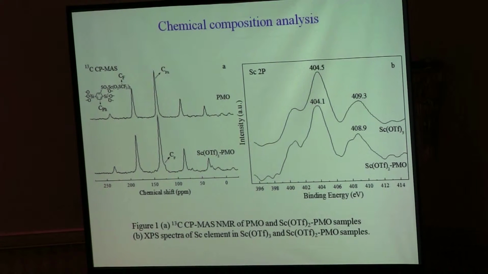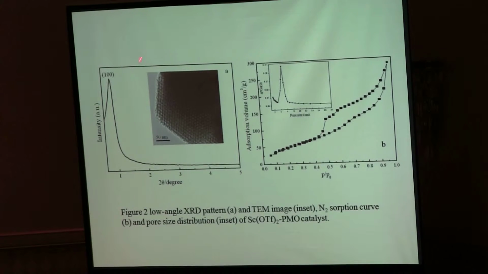The peak has a little shift. That means the active sites have some coordination with our support. And we also use XRD and TEM, and also nitrogen sorption, and this mesoporous Lewis acid has an ordered pore structure.